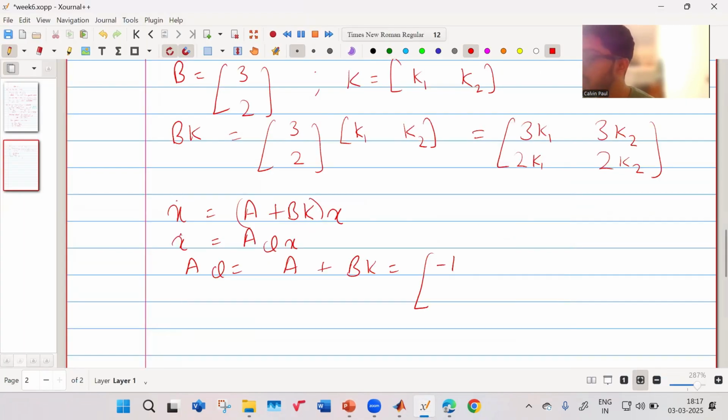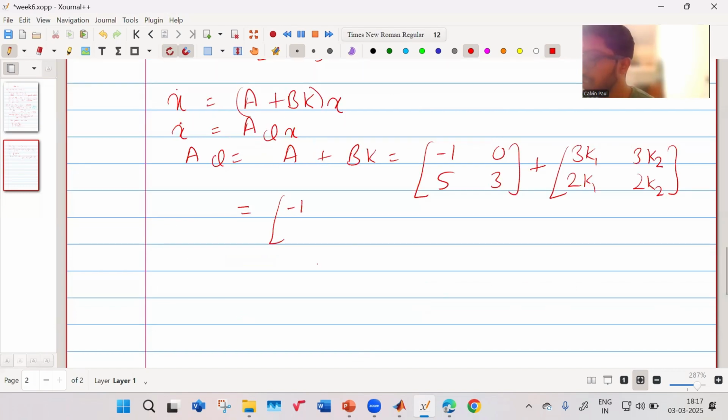So it is [-1, 0; 5, 3] plus bk, which is [3k1, 3k2; 2k1, 2k2]. So that becomes equal to [-1 + 3k1, 3k2; 5 + 2k1, 3 + 2k2]. So this is my a closed loop matrix.